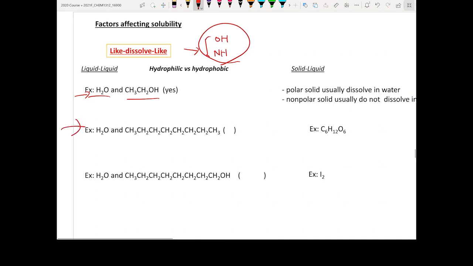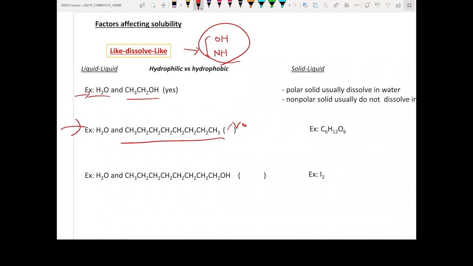Second question. Would H2O and this very long alkyl chain dissolve with each other? No. Why? There are no OH or NH in this long alkyl chain. So what is this?